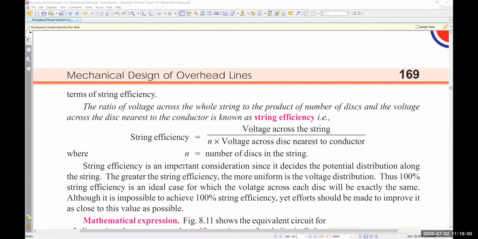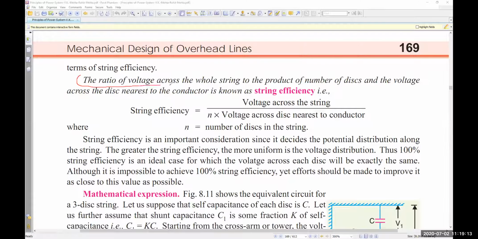So the formula, or the definition, of string efficiency is this one: the ratio of voltage across the whole string, that means the total voltage V, to the product of the number of discs. That means if you have 3 discs, it is 3.